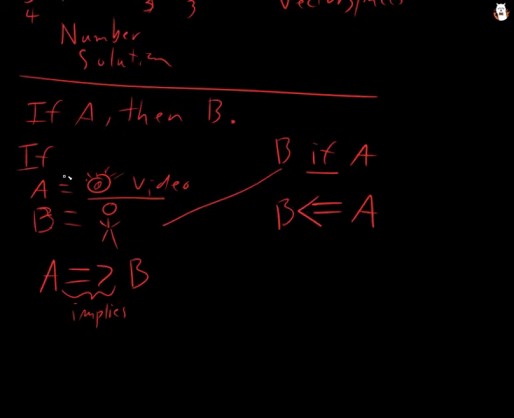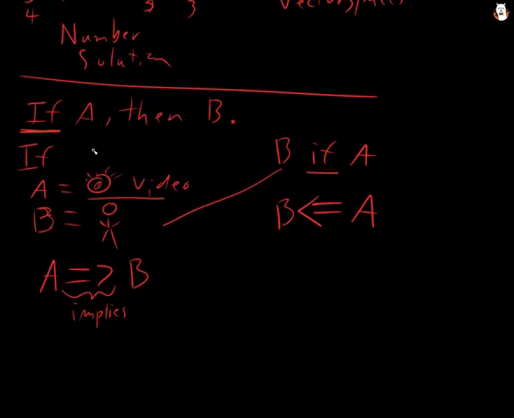In all of these statements, remember too that you do not need to be watching a video to be human, right? That's the power of this if statement over here. There are other conditions that can allow you to be human. For example, you can be doing math.